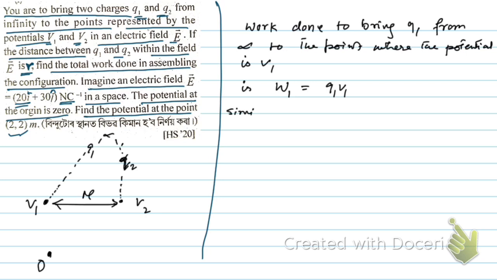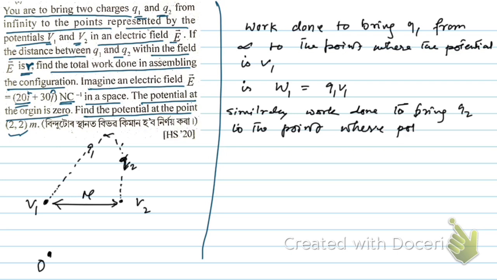Similarly, the work done to bring Q2 to the point where potential is V2 is W2, which is supposed to be Q2 and V2, but one more thing.